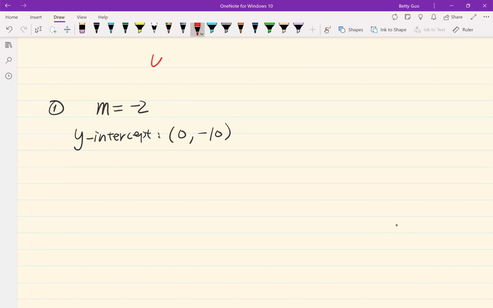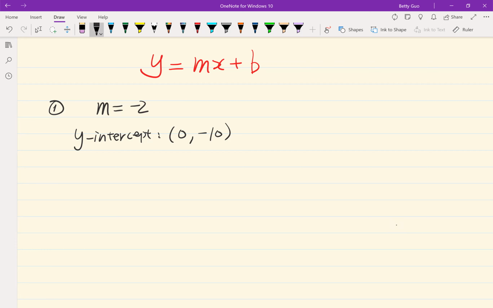Let me give you the formula. Formula is y equals mx plus b. What's the equation of the line whose slope is negative 2, whose y-intercept is 0, comma negative 10?